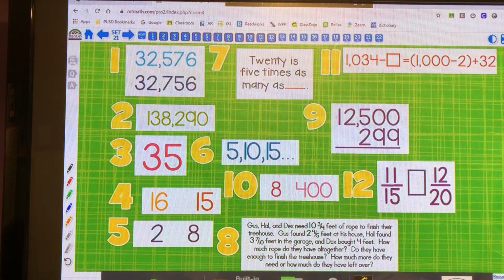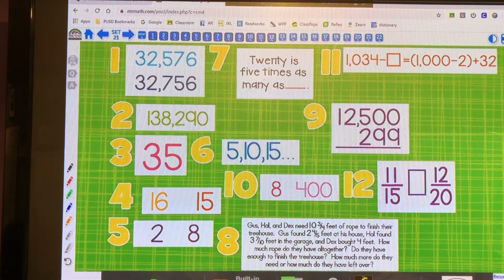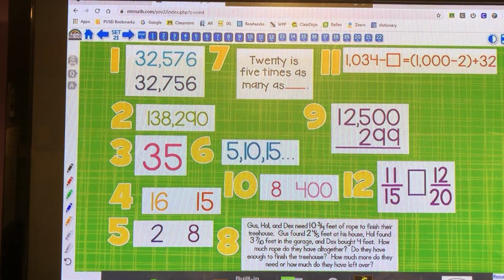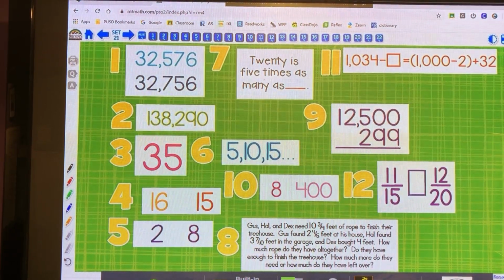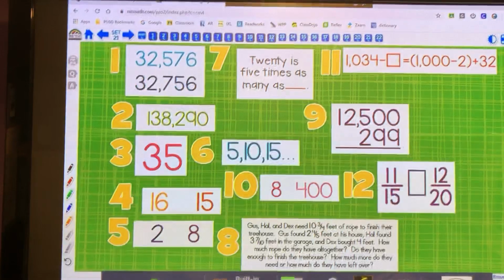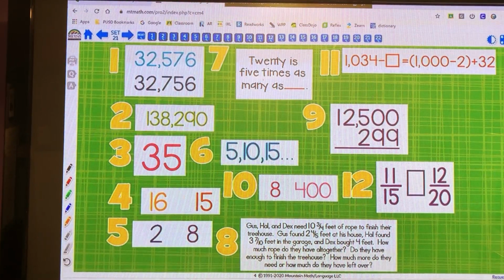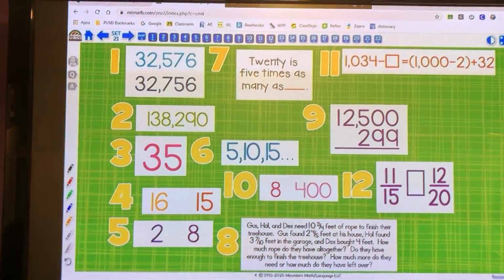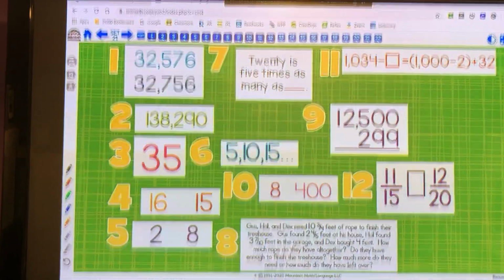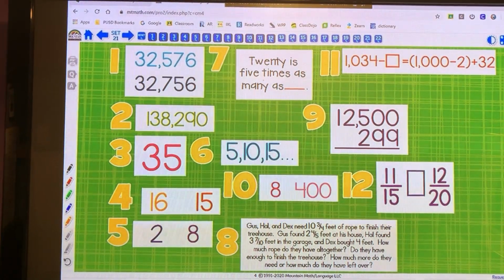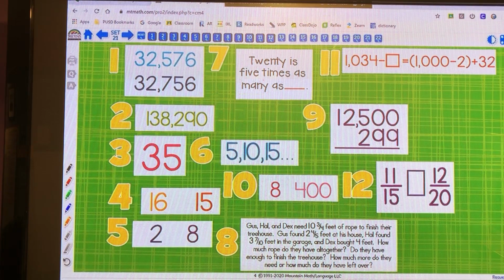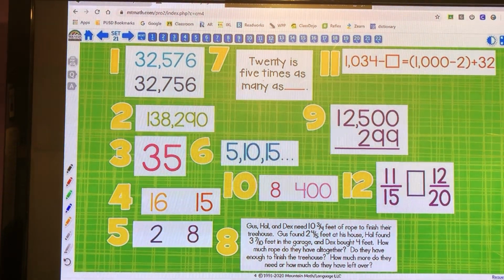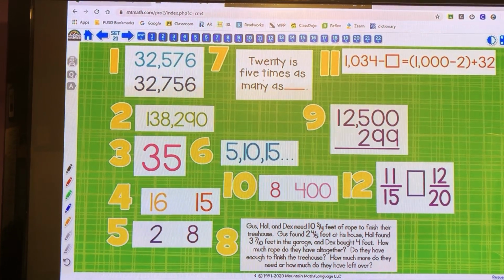A little clue word you can jot down to remember what those questions are is "all together." Then the question of enough, a little question mark. And the final question, "need or leftover."